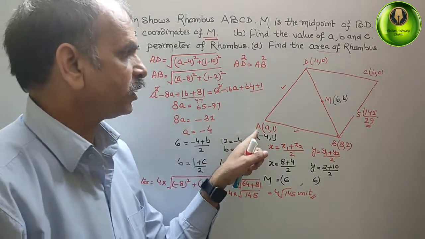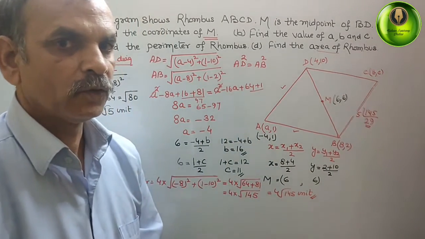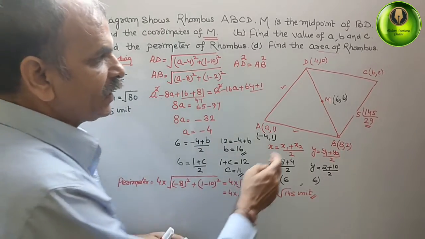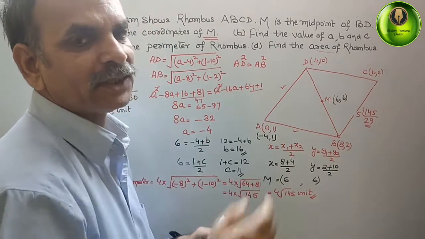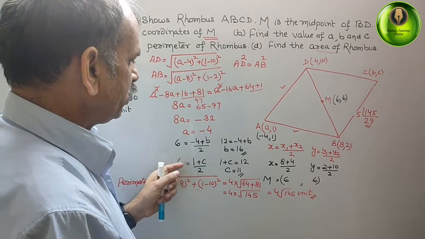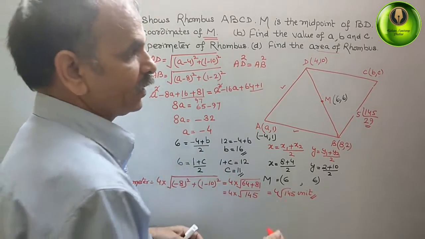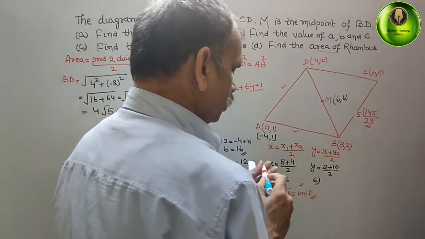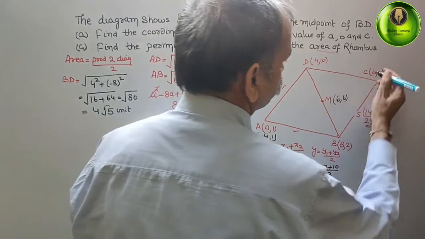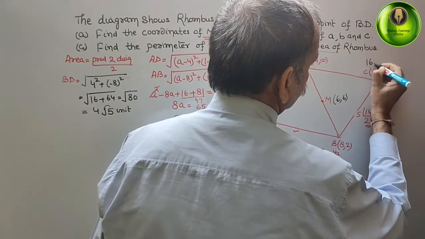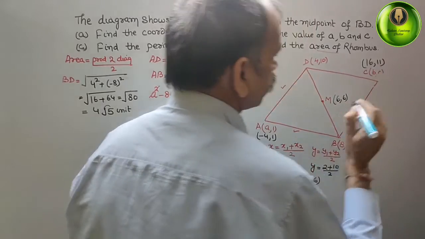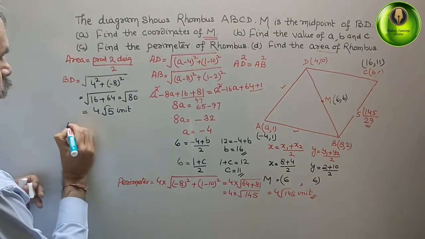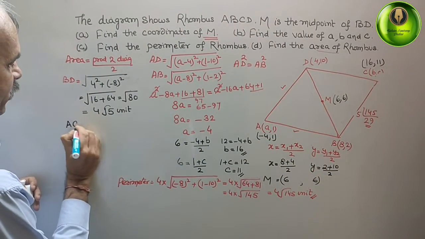Next we will find out AC. So here what we will do, just we will write the values of B and C also. So B is 16, 11. This is your 16, 11. Now this is your AC.